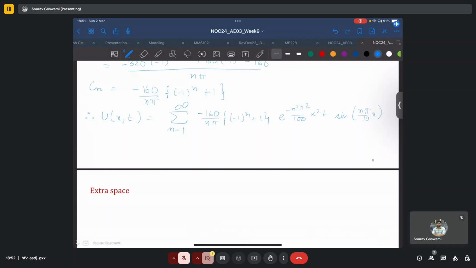So this is the solution of the heat equation, and we're also asked to sketch the approximate trends of the solution at a few time instances. So let us do that.